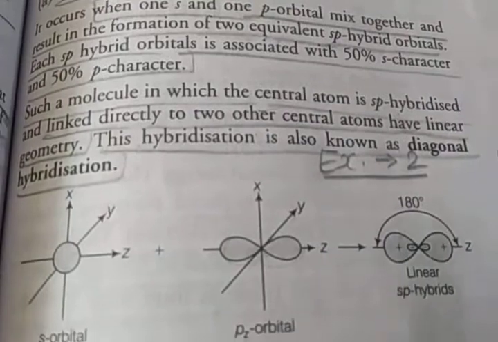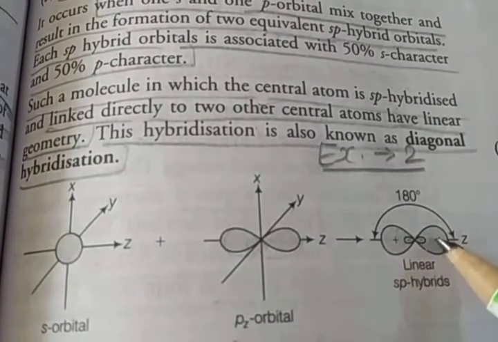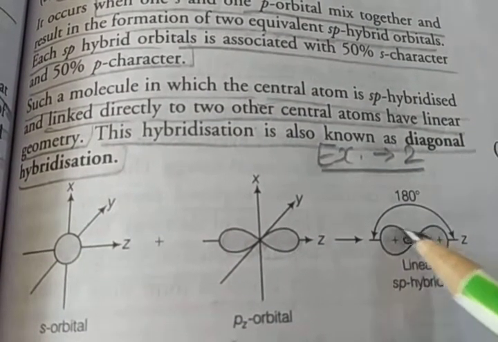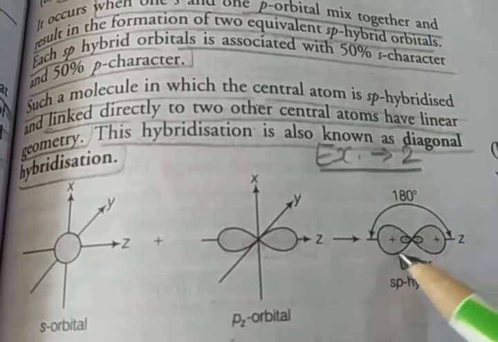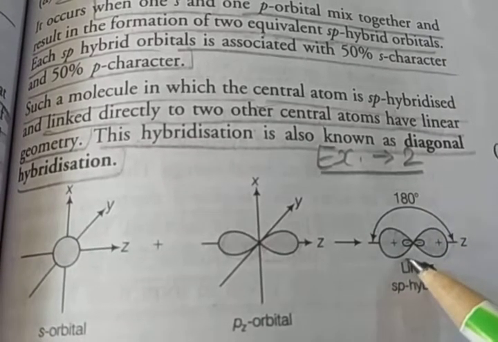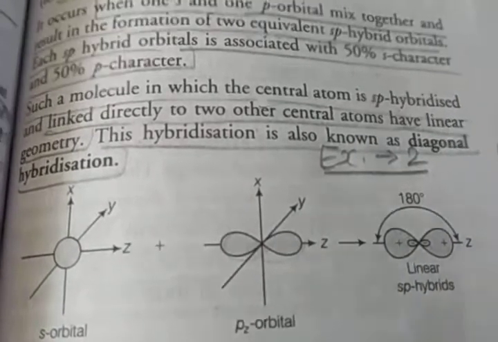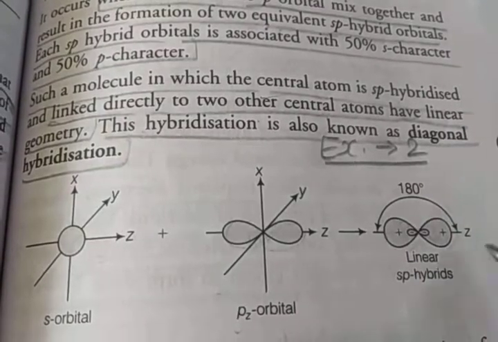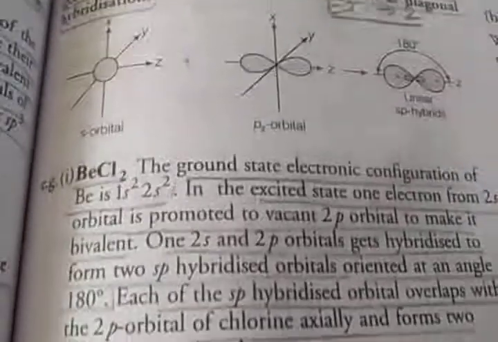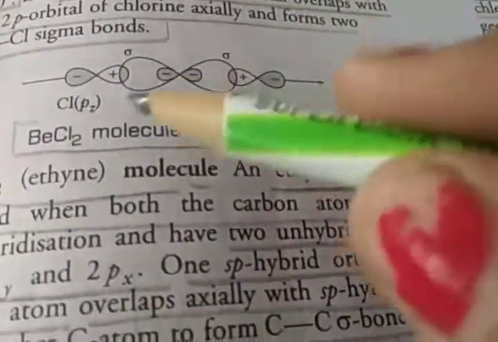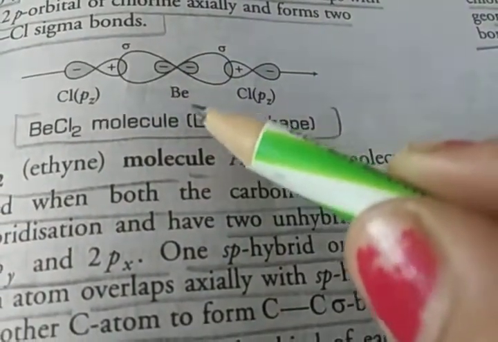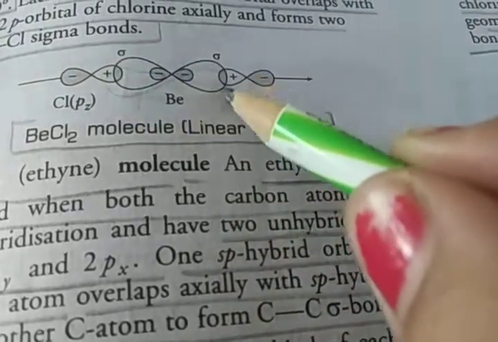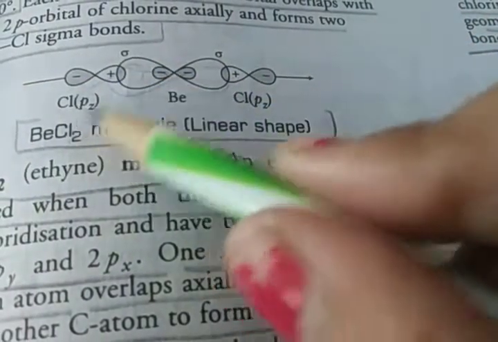Such a molecule in which the central atom is sp hybridized and linked directly to another central atom has a linear geometry. Opposite sign, linear sp hybrid, 180 degree angle. Example given: beryllium chloride. Here you see the chlorine p orbital and beryllium, with Be in between and chlorine on the sides, the chlorine pz orbital.